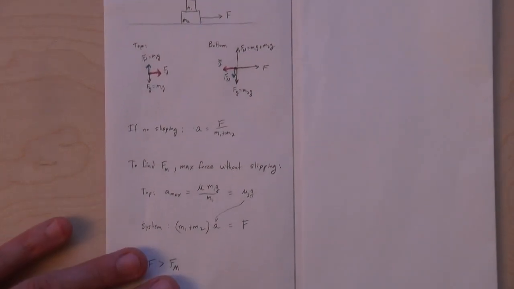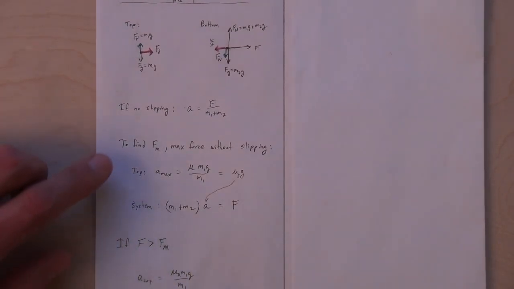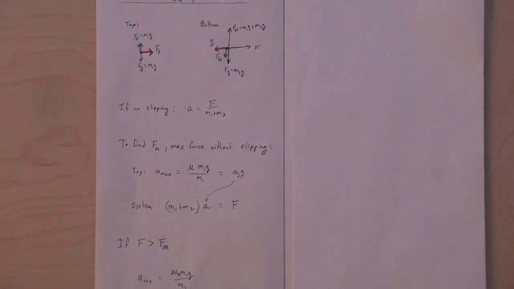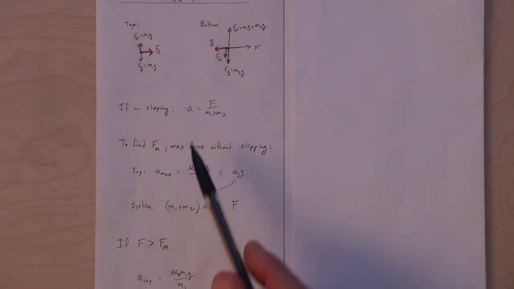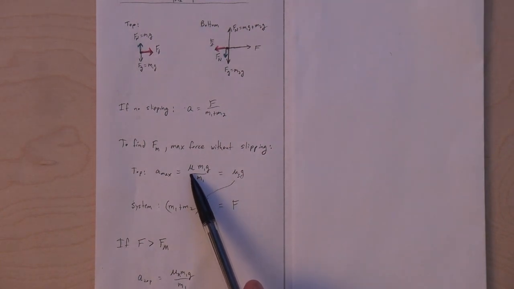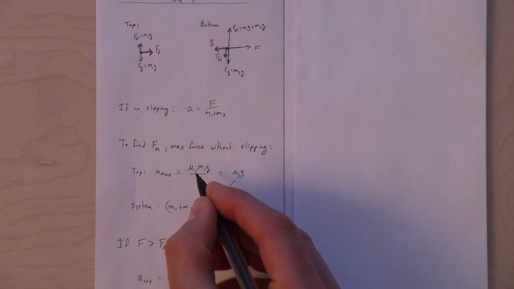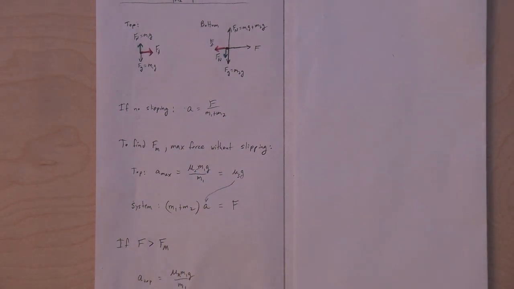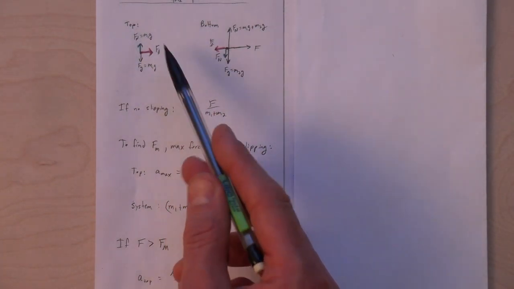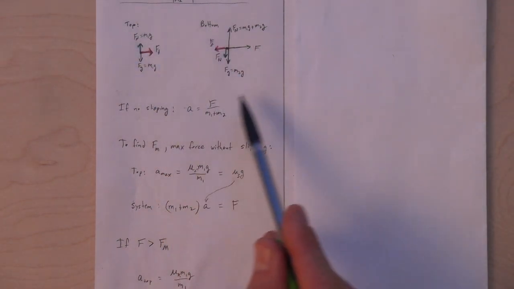So the way to find that is first you analyze the top block to find its maximum acceleration. And the maximum acceleration comes when we have maximum friction, which is mu static times F normal. So the maximum acceleration the top block can sustain is mu static times G from here.